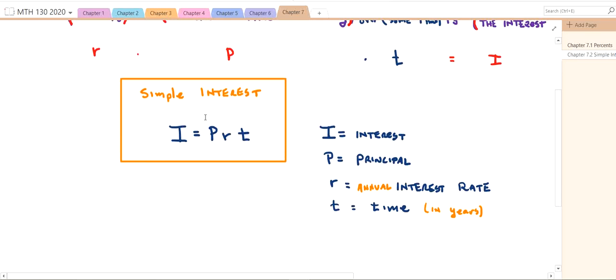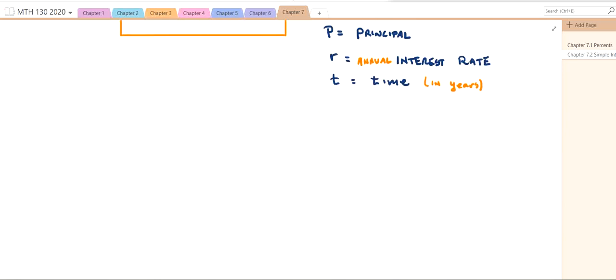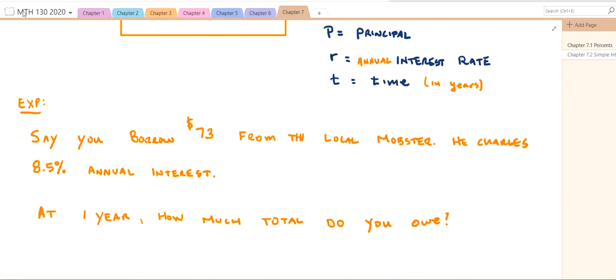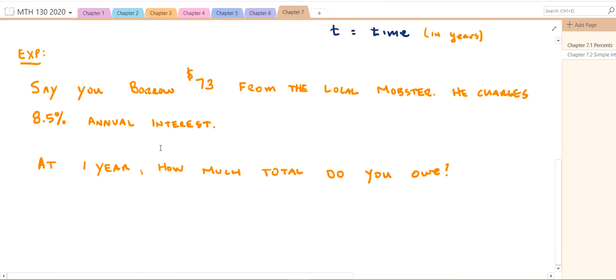So let's look at an example of how we might use this. Okay, so say you borrow $73 from the local mobster, and he charges 8.5% annual interest, and he expects you to pay once a year. And he also expects you to pay the $73 back at the end of the year.